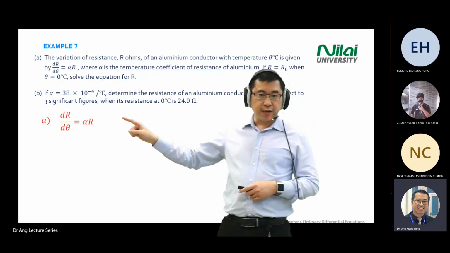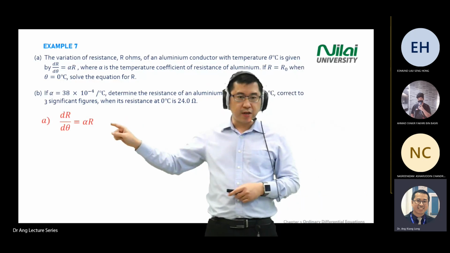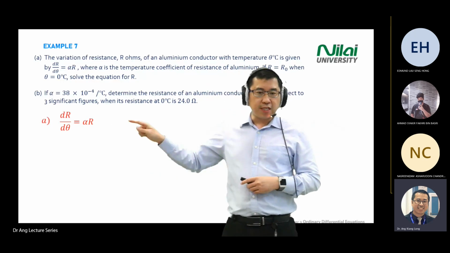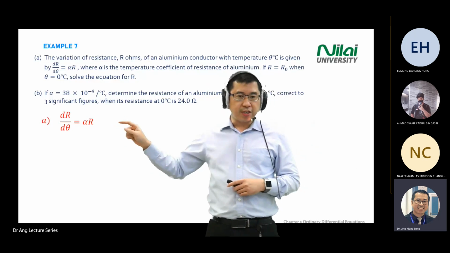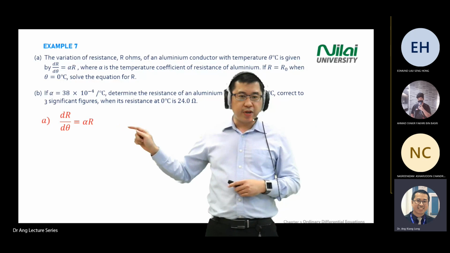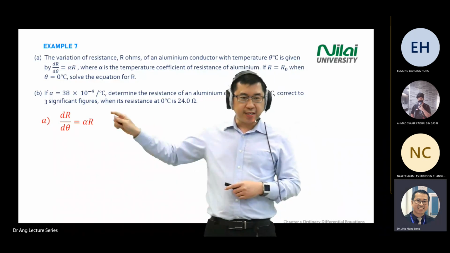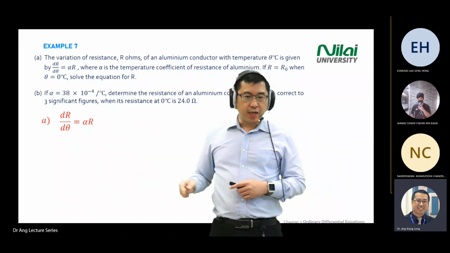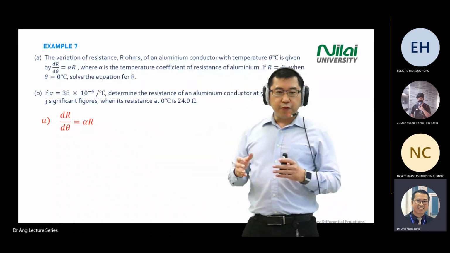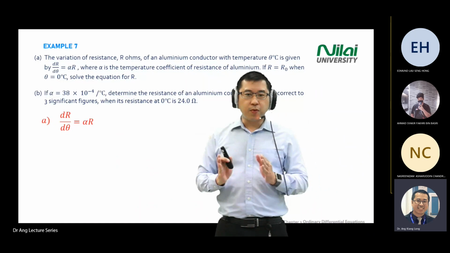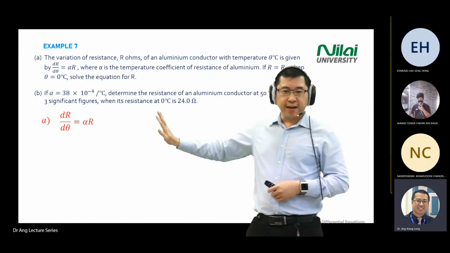So for A, you are given dR over d theta equal to alpha R. See this equation as dy over dx equal to something times y. You can see the y and y. So the first step is to arrange your equation with dy dx on one side, and the equation on the other.